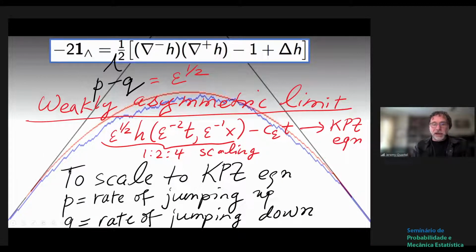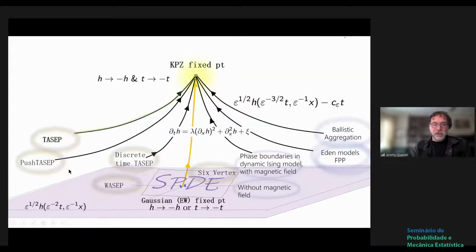Okay, all right. So, in fact, what we've got is this huge universality class of models, and in this universality class are all our favorite models, TASEP and some weird friends of TASEP called push TASEP and discrete time TASEP and things like that.